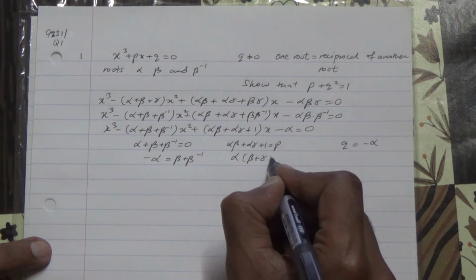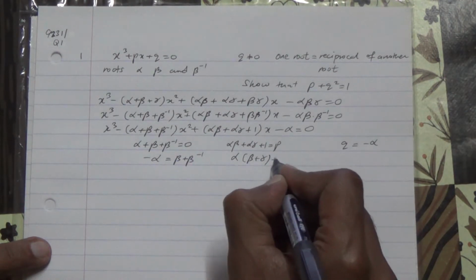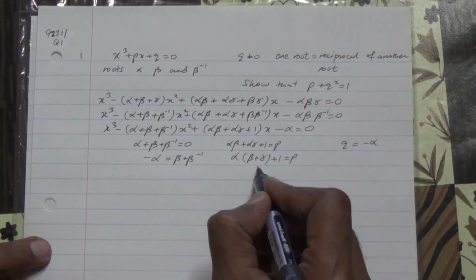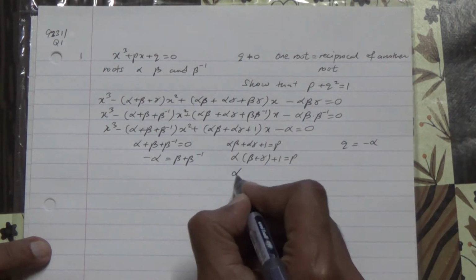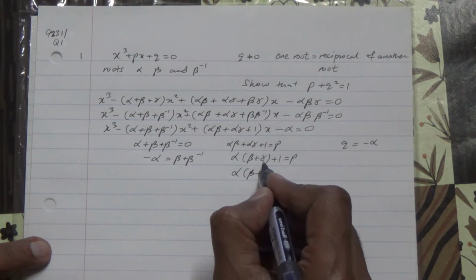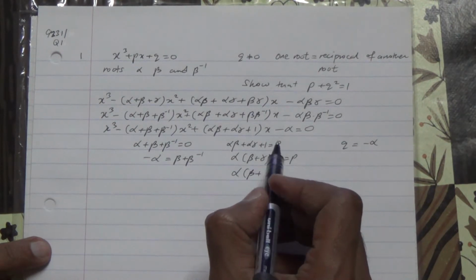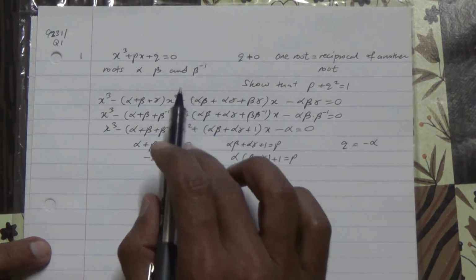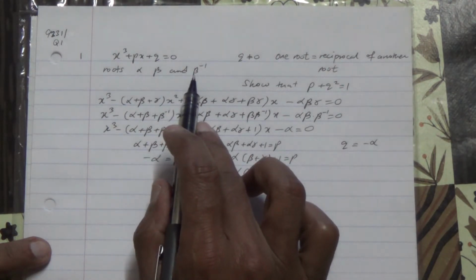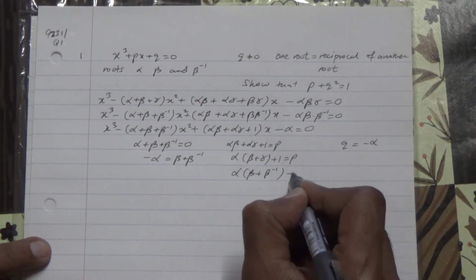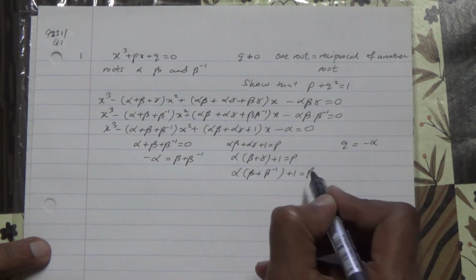So alpha into beta plus gamma, plus 1 is equal to p. And what else can we do from here? We know that gamma is beta inverse, so alpha into beta plus beta inverse, plus 1 is equal to p.